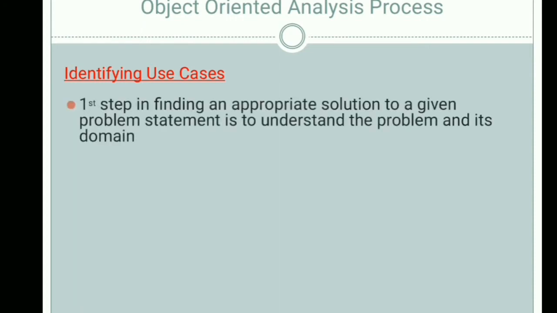And that's why identifying use cases is one activity involved in the object-oriented analysis process. So, the first step in identifying use cases is finding an appropriate solution to a given problem statement. And to find an appropriate solution, we need to understand the problem and its domain first.